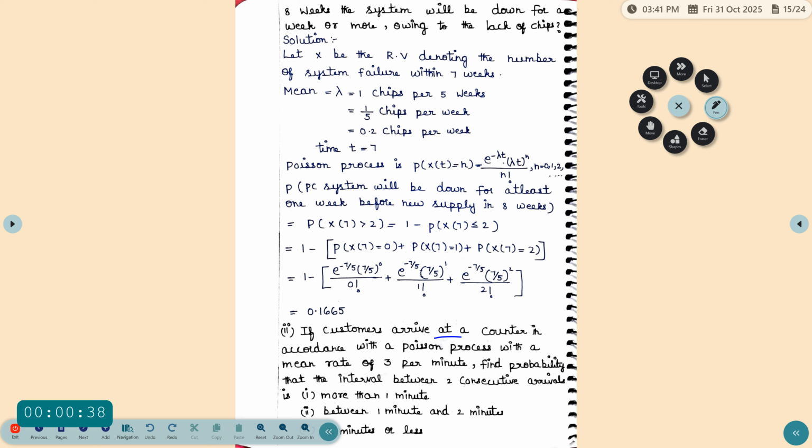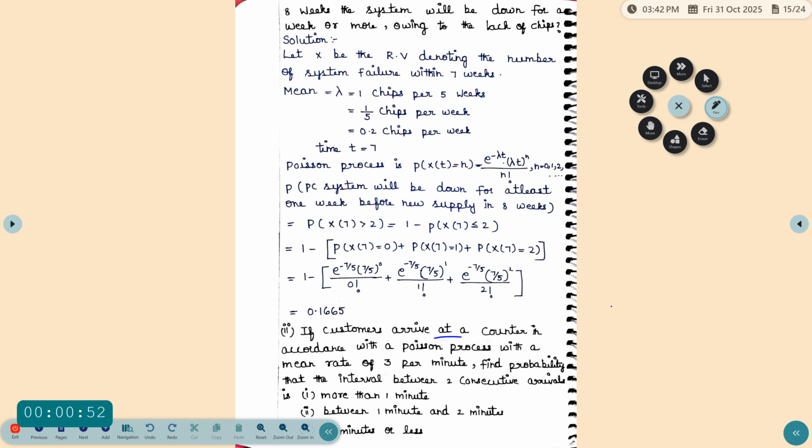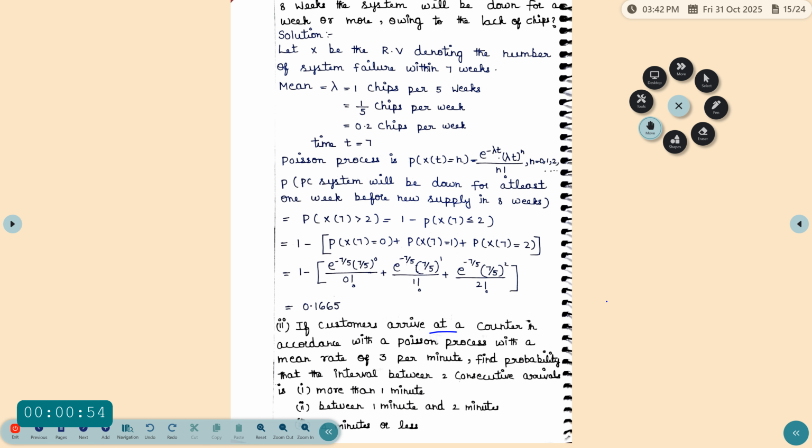Then we have to find between 1 minute and 2 minutes. Another one is 4 minutes or less.